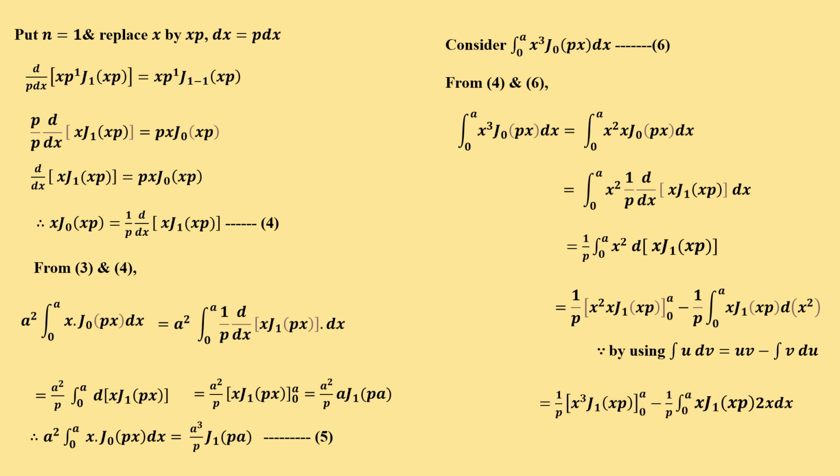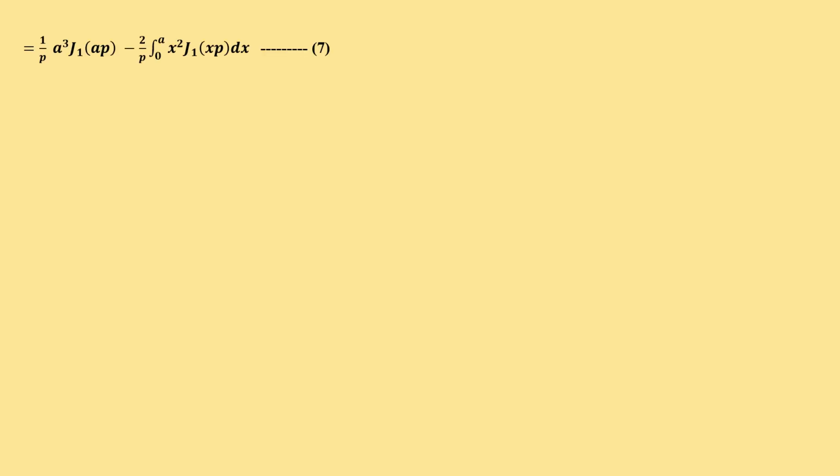So 1 by p x cube j1 of xp, lower limit 0, upper limit a, minus 1 by p integral 0 to a x into j1 of xp, derivative of x square 2x dx, right? So that is equal to 1 by p, applying the upper limit a cube, j1 of ap, lower limit 0, minus 2 is a constant, so 2 by p integral 0 to a x square j1 of xp dx, that is equation number 7.